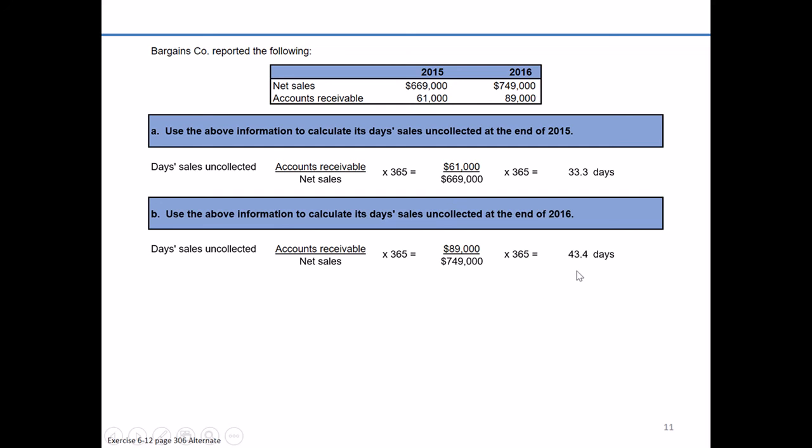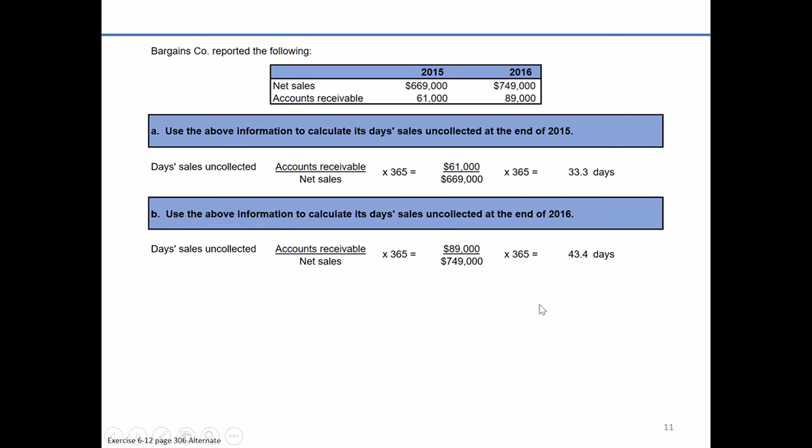Also, maybe they're just slacking off on sending reminders and statements to their customers. So it could be any one of those three items: an economic downturn, an extension of credit in order to increase sales, or a downturn in our credit granting and collection procedures.